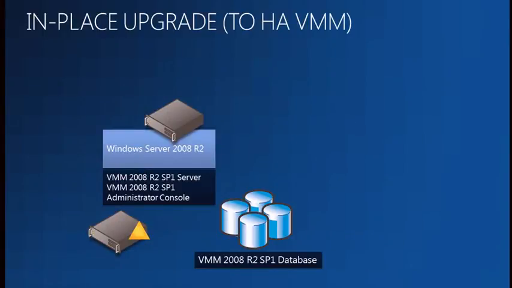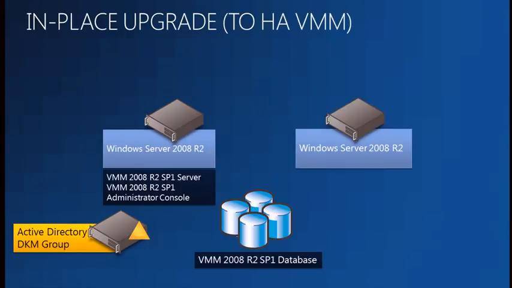You can now do an in-place upgrade of VMM 2008 R2 SP1 to a VMM 2012 highly available VMM instance. In this graphical representation, let's say I have a Server 2008 R2 running VMM 2008 R2 SP1 server and admin console, and I have a VMM 2008 R2 SP1 database. Now, in order to upgrade it to a highly available VMM, I have to first create an Active Directory group for my distributed key management, if you wish to install your certificate keys in your Active Directory.